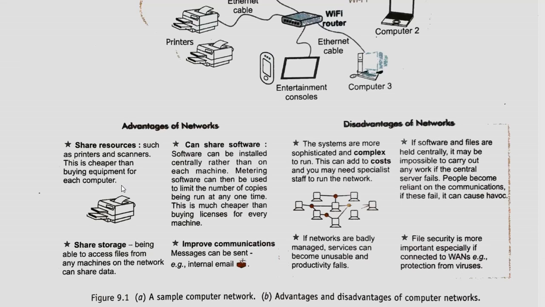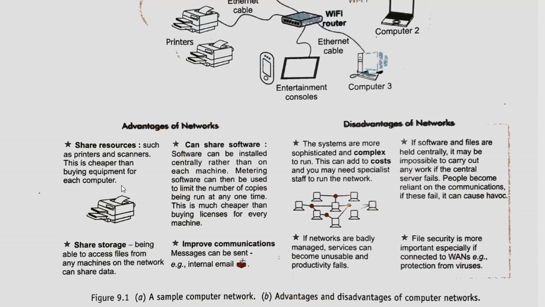Obviously, suppose you have 30 to 35 systems in your computer lab, and different students are working on the different systems, and finally after creating all their projects or documents, they want a printout of all these things. So do you think it will be better to keep different printers for them? You don't need to, because only one printer is enough for sharing the resources.